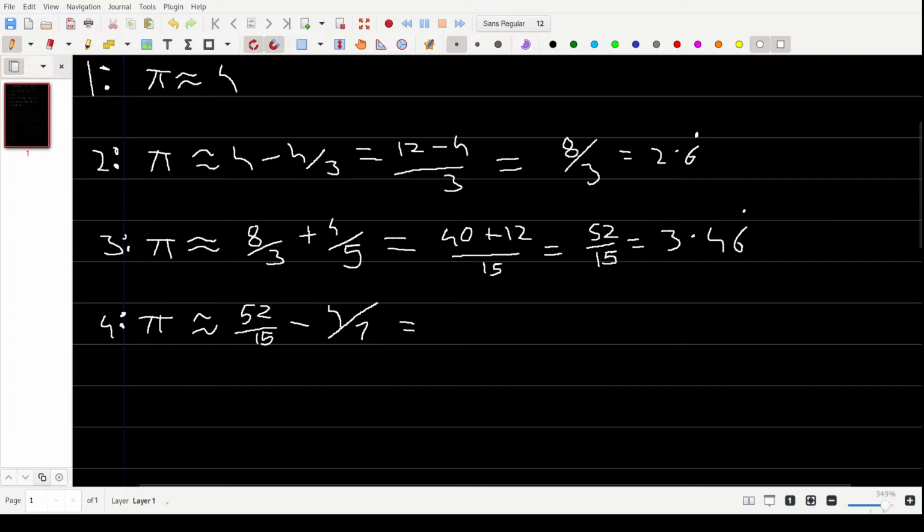So I need to do 7 times 52 and 4 times 15. 7 times 52, that's 364, I think, because 7 times 50 is 350, 7 times 2 is 14, and then 60 over 35, 304 over 35, I think. Is that? No, it's not.